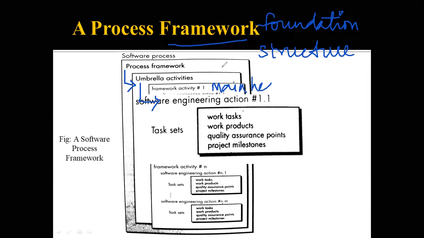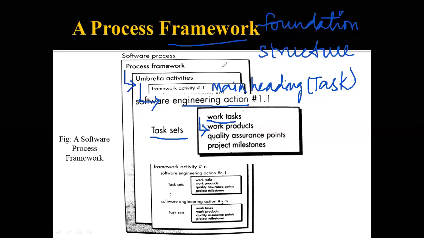To complete one particular task, you need to follow a set of actions. Within this task, you're going to have 4 work tasks. These work tasks are the different tasks that you're going to do so that a work product is developed.